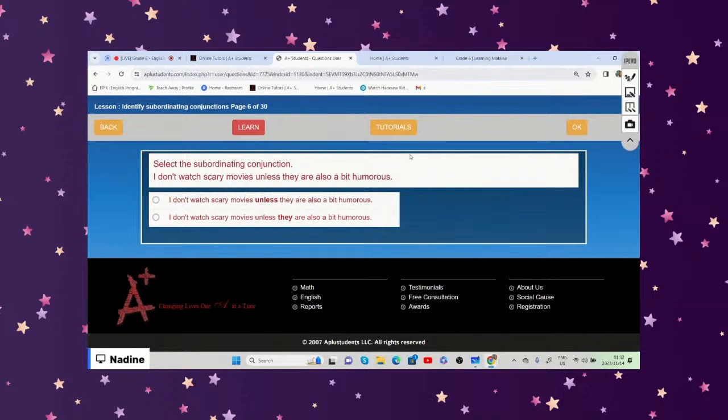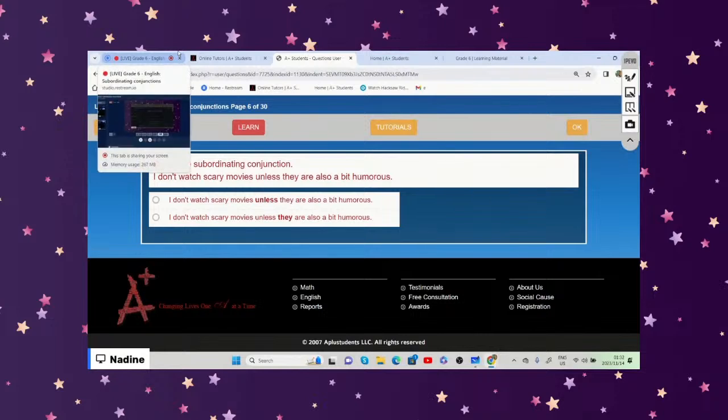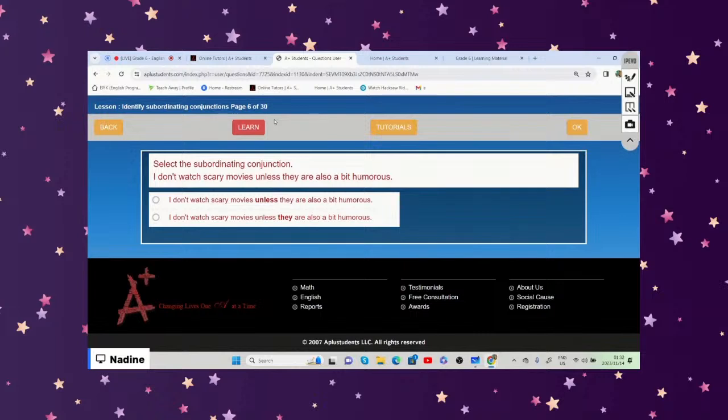We need to select the subordinating conjunction. I don't want scary movies unless they are also a bit humorous. Or I don't want scary movies unless they are also a bit humorous.